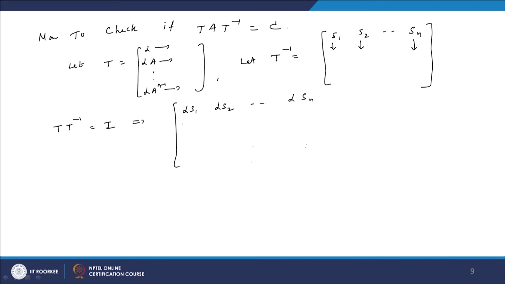Second row first column will give alpha A S1, and second into second alpha A S2, etc., alpha A Sn, and the last one is alpha A power n minus 1 into S1, alpha A power n minus 1 S2. So, this is an n cross n matrix, which is the identity matrix.